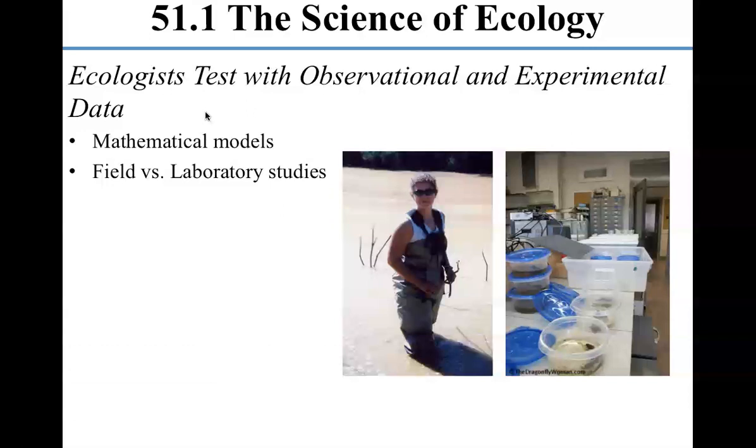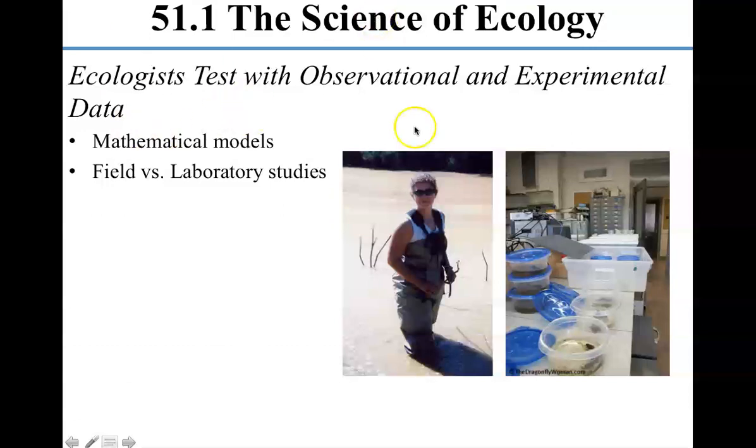The reason is that they're dealing with interactions, so they often use mathematics to model the interactions between different species or between a population and the abiotic environment or whatever. As a part of these mathematical models, they will often get their data from two types of studies, field studies and lab studies.